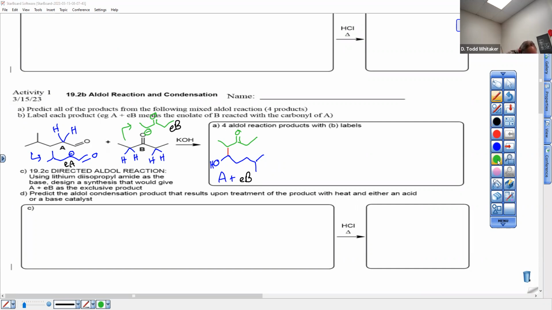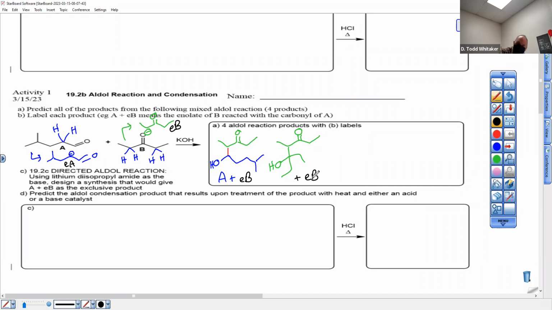Now you tell me what you think this one should be called. That's the enolate of B again. But this time it reacted with what? The enolate of B reacted with what?